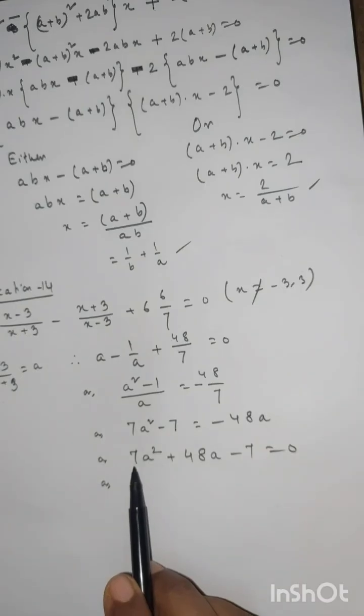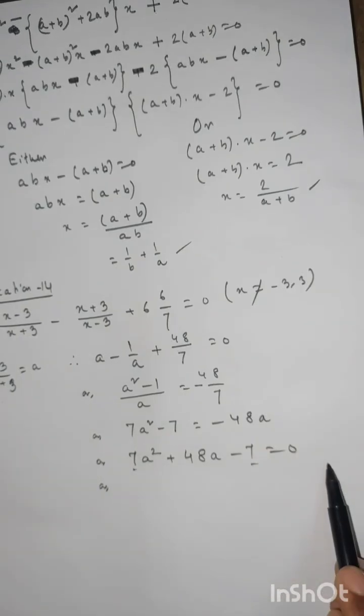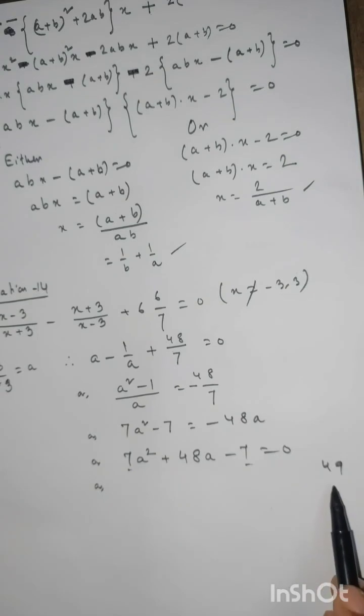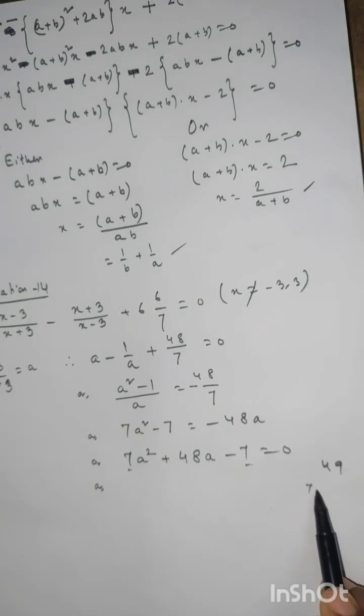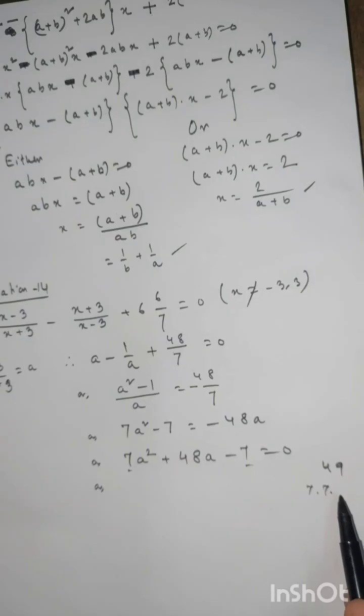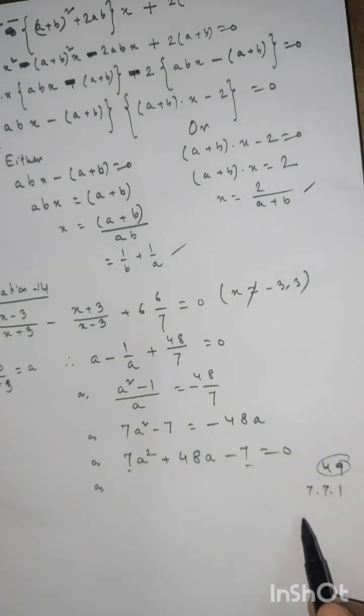We are going to multiply these two numbers, that is 49. So the prime factors of 49 are 7, 7, 1. Now we can arrange these factors into two groups to get 48.